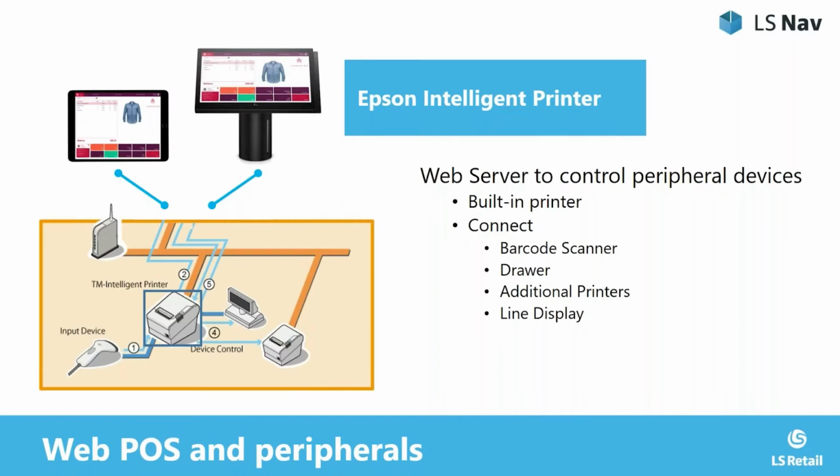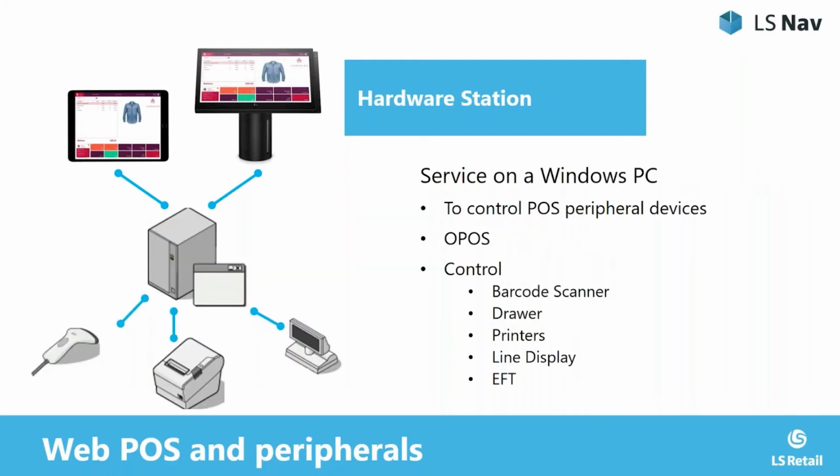Web POS and peripherals. We have two solutions. First one is the Epson Intelligent Printer. As you can see here in the picture, you have a printer in the middle, and connected to the printer you have barcode scanner, drawers, additional printers, or line display. This is excellent for low footprint implementations where you would have, for example, just an iPad with a web browser and then a printer connected to the devices. Then we have a more traditional setup where we have the hardware station running OPOS.